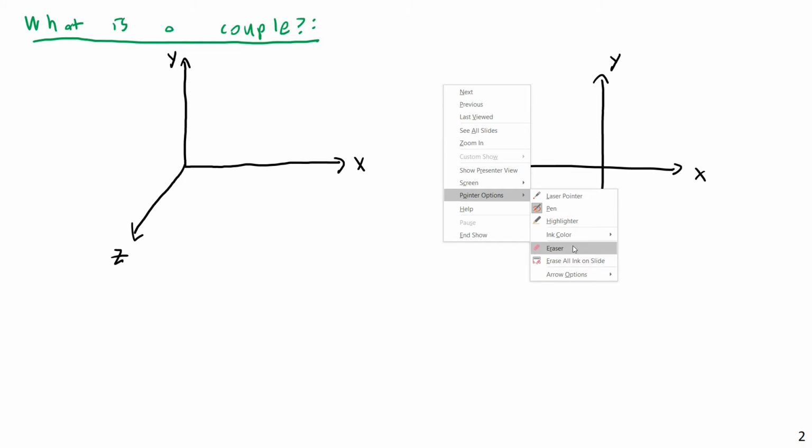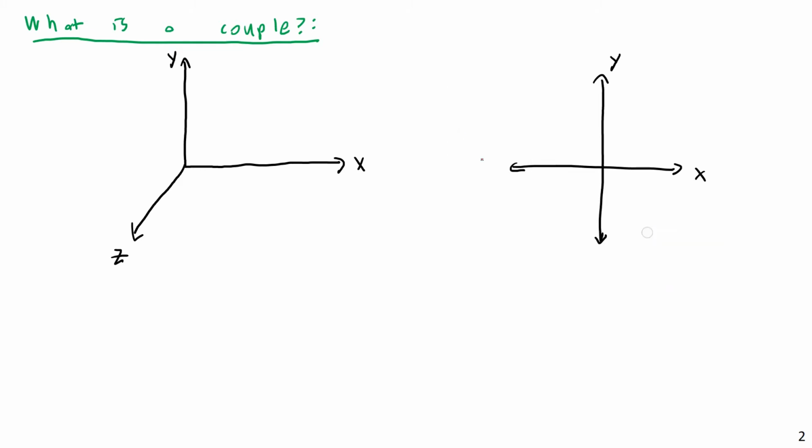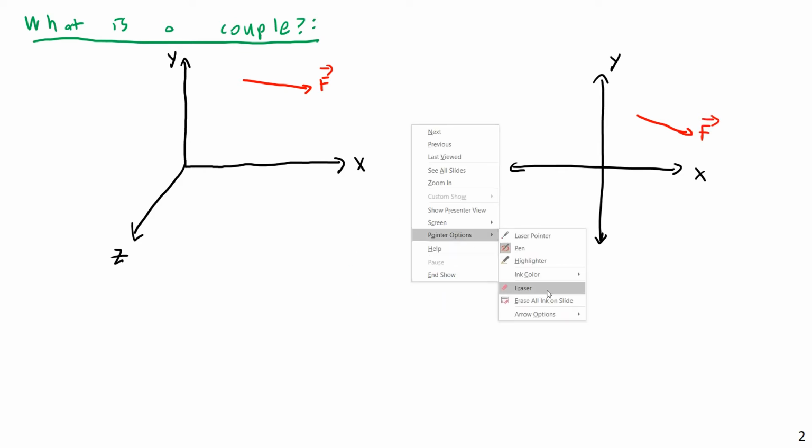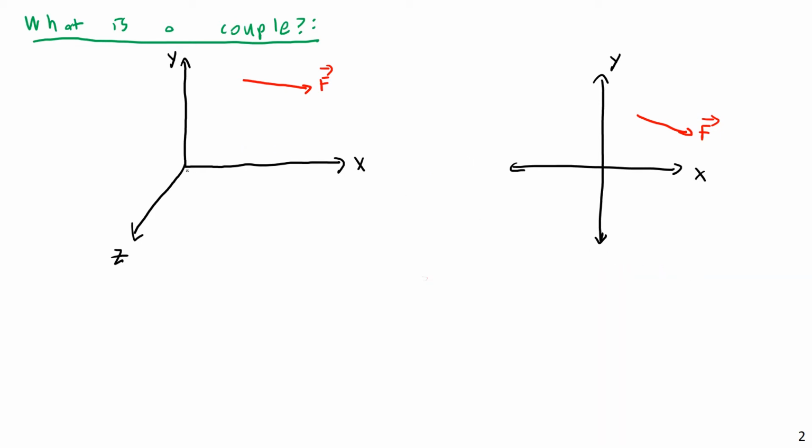Maybe I'll do my forces in red. Generally, we're going to have a force, some sort of force vector, 2D, 3D, doesn't matter. Let's say for each of these I was looking at the moment about the origin.